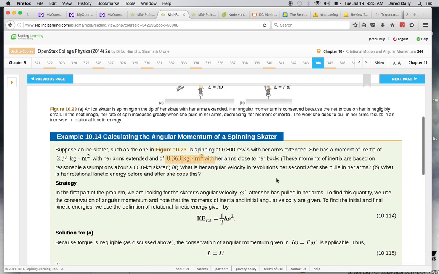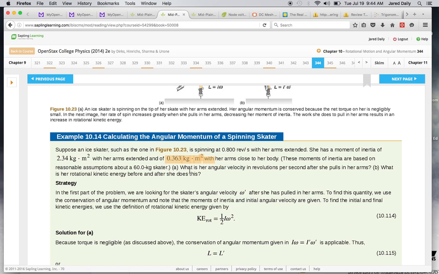I'm going to do an example of this with some numbers. I have a skater spinning at 0.8 revolutions per second with her arms extended. She has a moment of inertia of 2.34 kilogram meter squared when her arms are extended, and when she pulls her arms in, it's 0.363 kilogram meter squared. So it drops almost by a factor of 10.